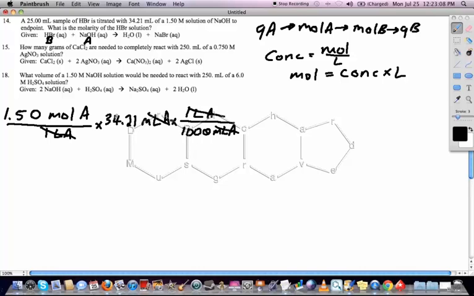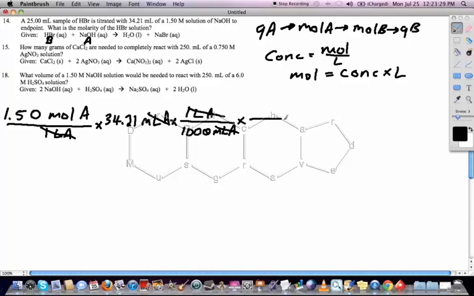Just summarising what I've done so far: I know I wanted moles of A in the first step. To get there, I knew I'd have to take the concentration and multiply it by the volume. Unfortunately, I had millilitres and litres, which meant I needed to do a conversion. So I put 1000 millilitres of A on the bottom and 1 litre of A on top. That gives me moles of A.